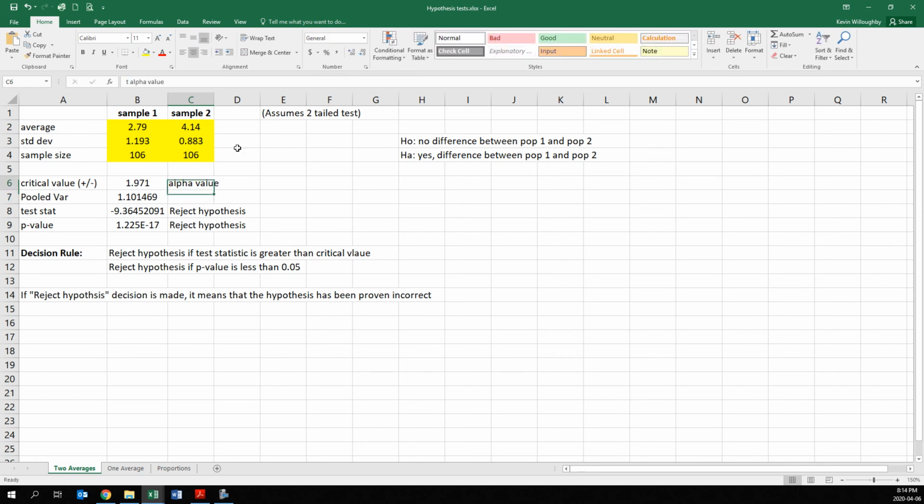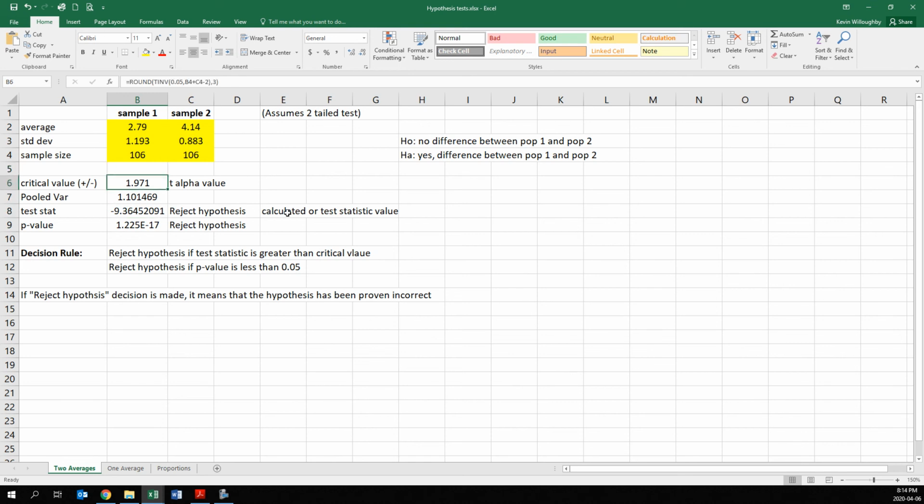And basically at this point it becomes quite similar to a hypothesis test comparing the sample average to one population average. So we have a T alpha value. This is our calculated test statistic value. That equals negative 9.36.